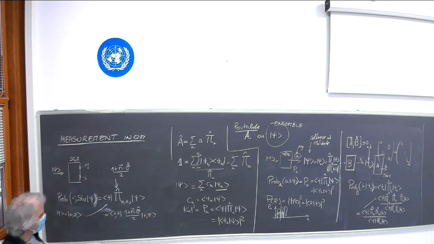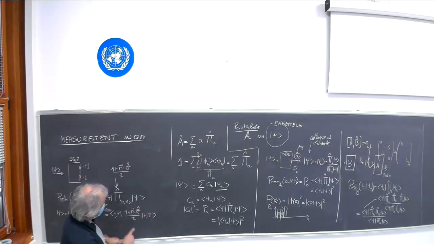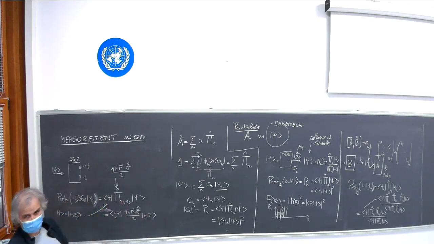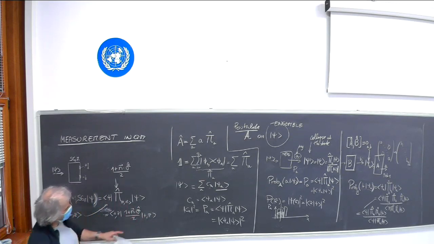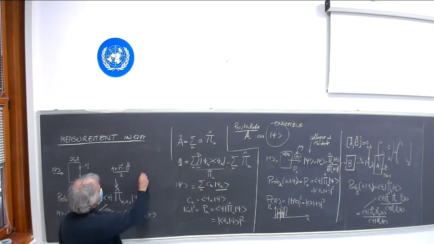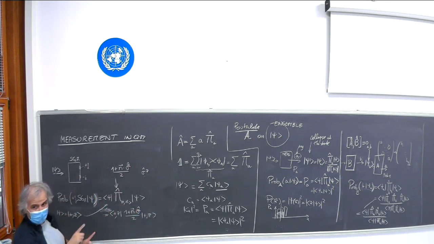Now, the Pauli matrices and this state along Z have a simple relationship. Remember that sigma Z has plus and minus 1, and then there are sigma X and sigma Y, which are off diagonal.